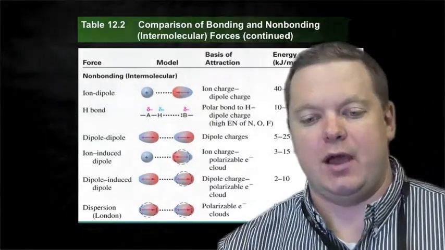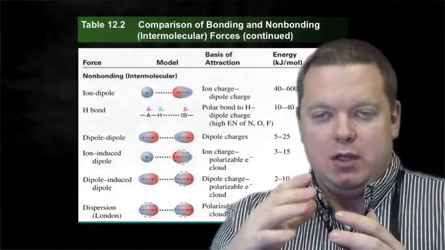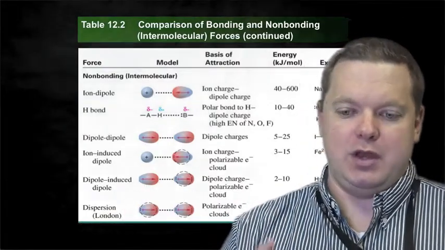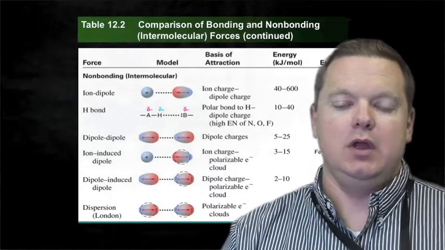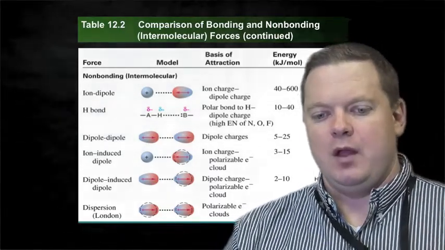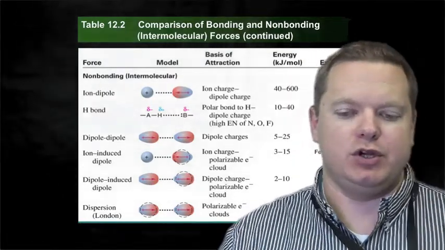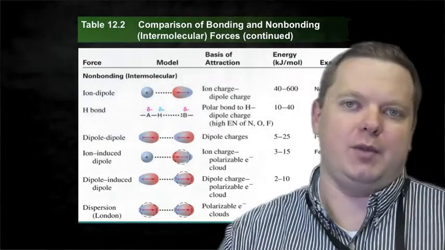The next one down, dipole-induced dipole, is the same process. We have this partial charge inducing a smaller charge in another, typically non-polar, molecule because of the presence of this polarizability. The last one is the dispersion or London dispersion or van der Waals forces, which is really an induced dipole interaction.